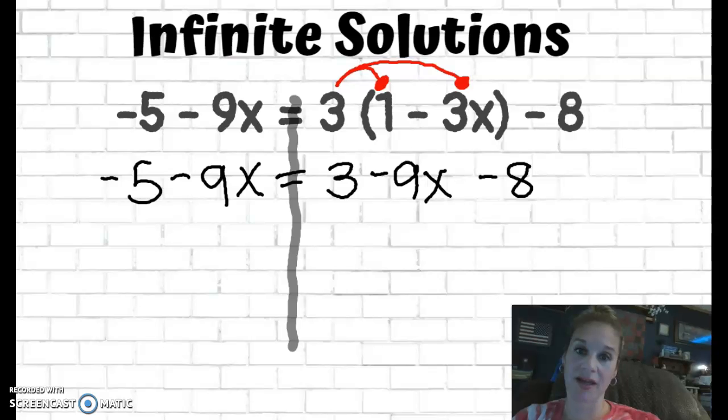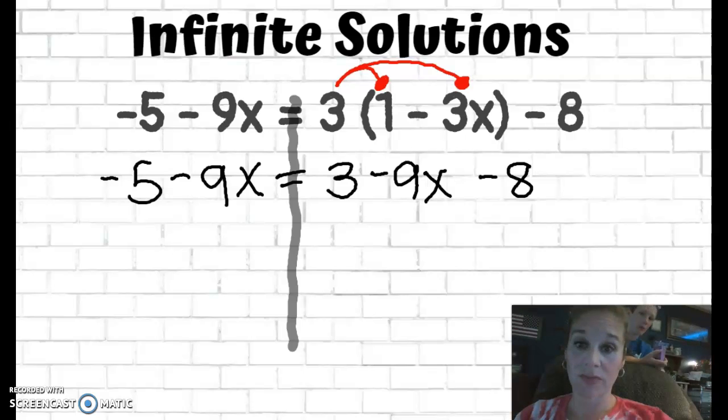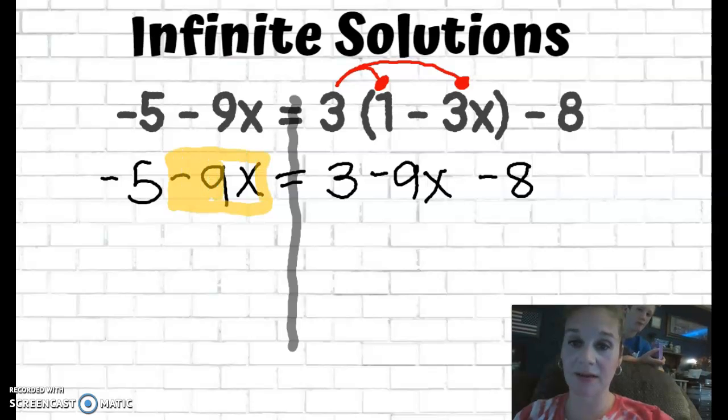So now let's look at the terms that we have, and we want to find our variable terms because we want to combine those and get them all as one. So as I look through, I'm going to identify any term that has an x on it. I see that this term, -9x, has a variable on it. And I see this term, -9x, has a variable on it.